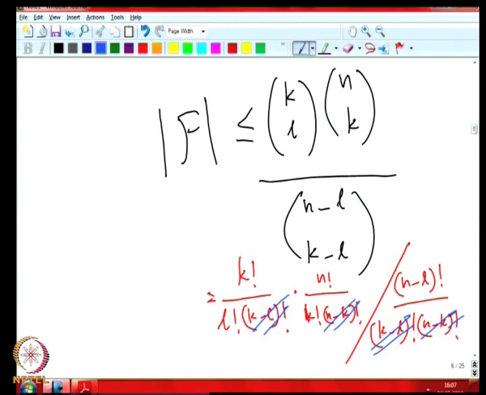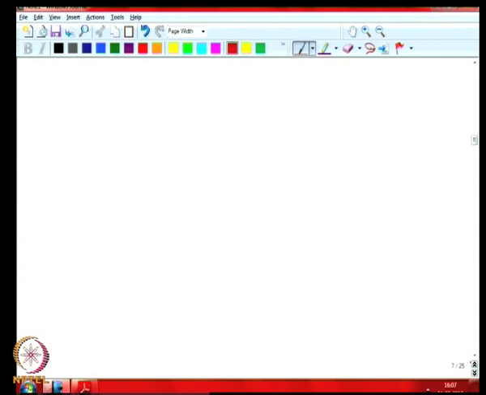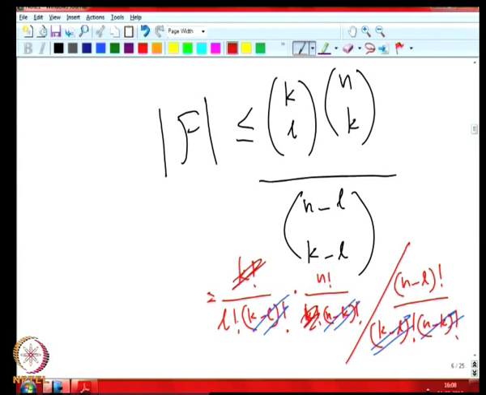Of course, you have to write it in a proper way. Maybe I can do it more carefully here. This will go away, at least that much we can be sure. This and this will go away. So I will write it again: n factorial in the numerator, and L factorial, k minus L factorial and n minus k factorial in the denominator.